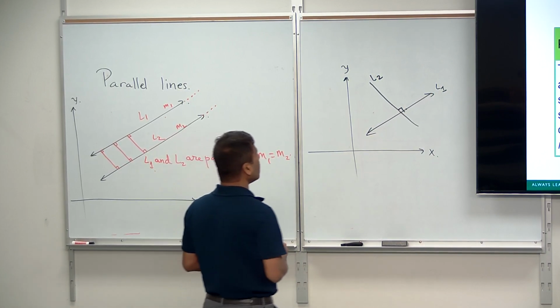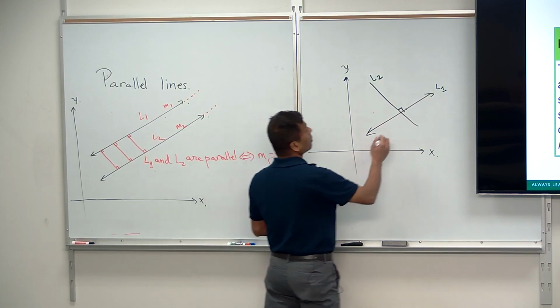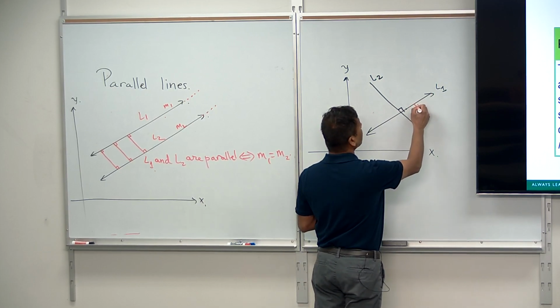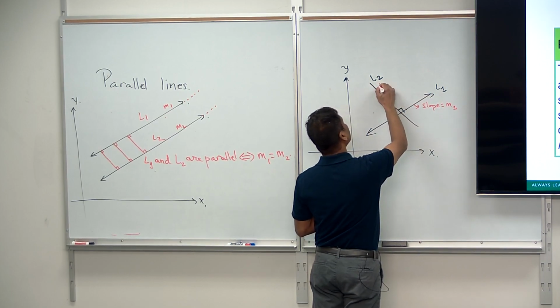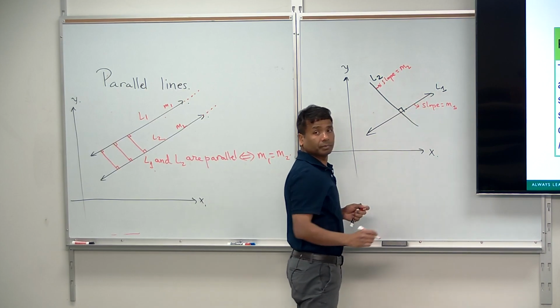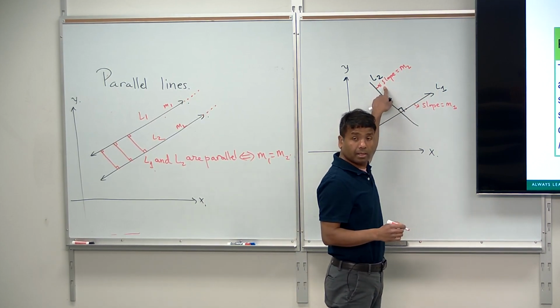So L1 is perpendicular to L2, is that right? Let's say the slope of L1 is m1, and the slope of L2 is m2.